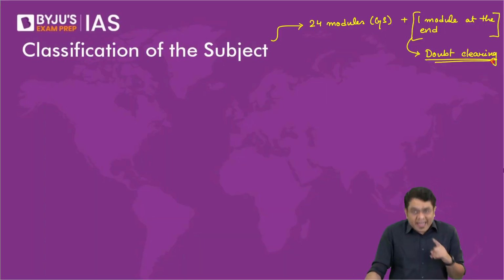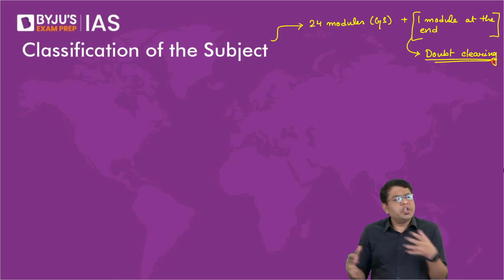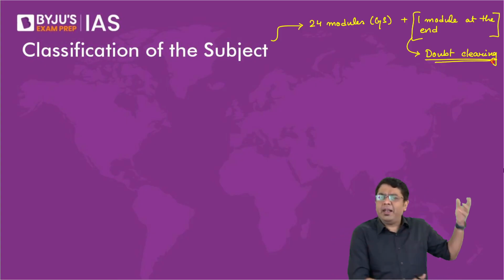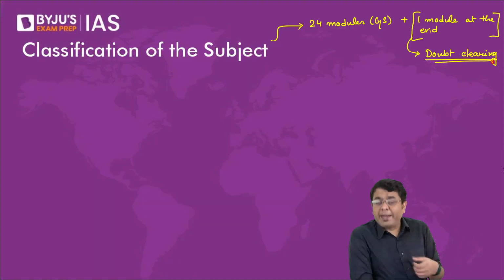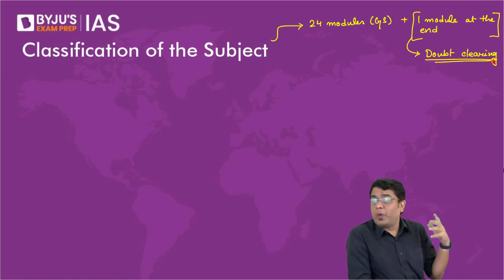Any type of doubts that you have throughout the discussion, it is absolutely possible that while we are discussing geomorphology, at that point of time, you might not have any doubt. And slowly and steadily, as you enter the later portions of geography, you might develop a doubt while revising.